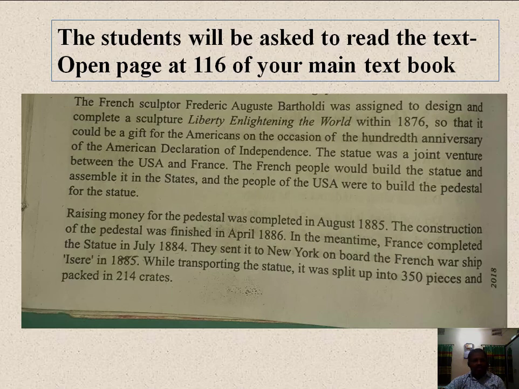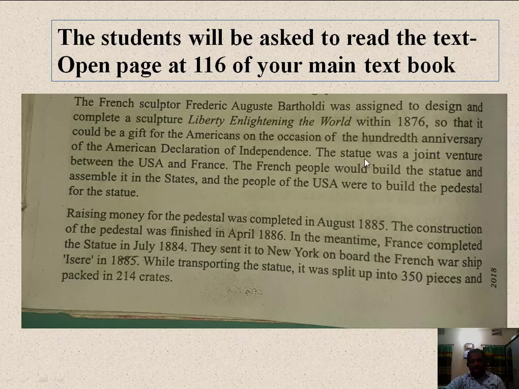The French sculptor Frederic Auguste Bartholdi was assigned to design and complete a sculpture, Liberty Enlightening the World, within 1876. So that could be a gift for the Americans on the occasion of the 100th anniversary of the American Declaration of Independence.